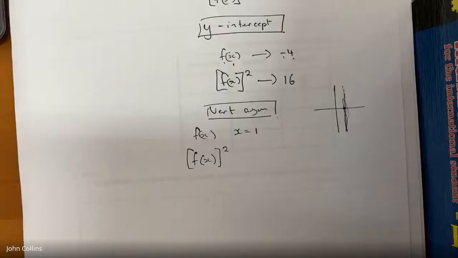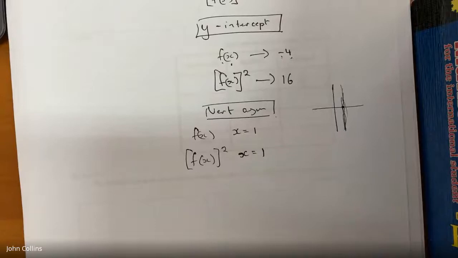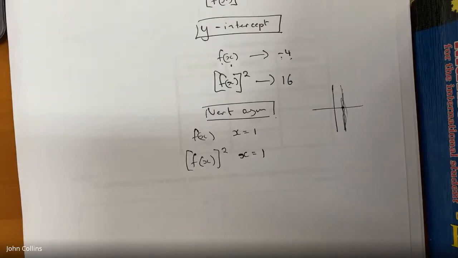What happened with the original function? When you put in 1, you got an undefined value. So when you put in 1 and square it, you're still going to get an undefined value. So it's still an asymptote. It's like undefined squared.